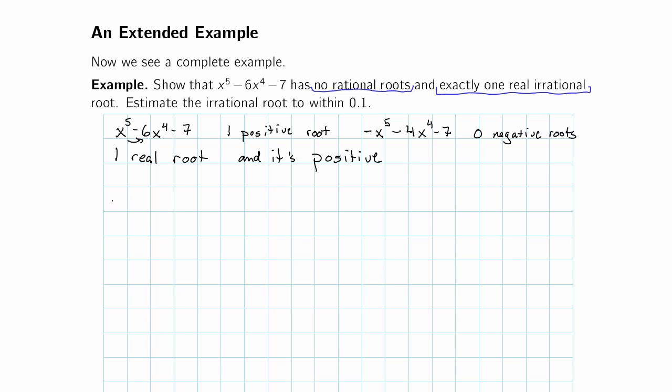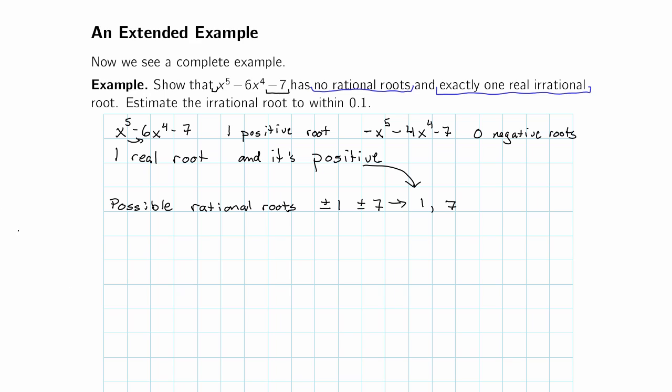The possible rational roots: our constant term is 7, and our leading coefficient is 1. So we have plus or minus 1, plus or minus 7. But we know our root is positive, so the only possible rational roots are 1 or 7.